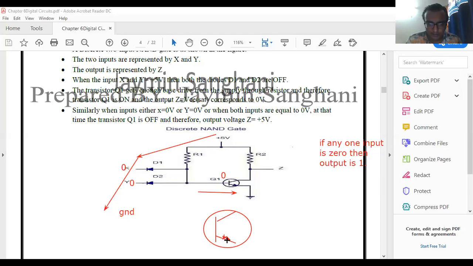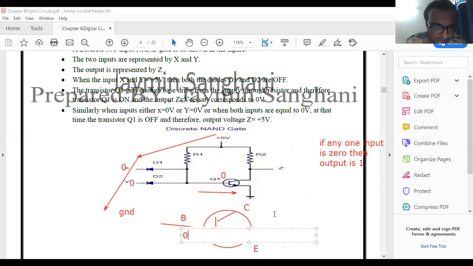This is known as the emitter, and here it is known as the base. Here it is known as the collector. Try to understand this topic very carefully, because the logic family is developed based on it.